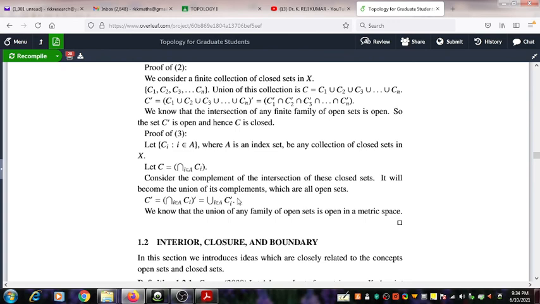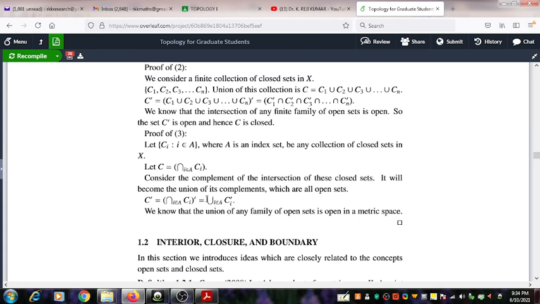And you know that in the previous result we have proved that the union of any number of open sets, or any family of open sets, is open.